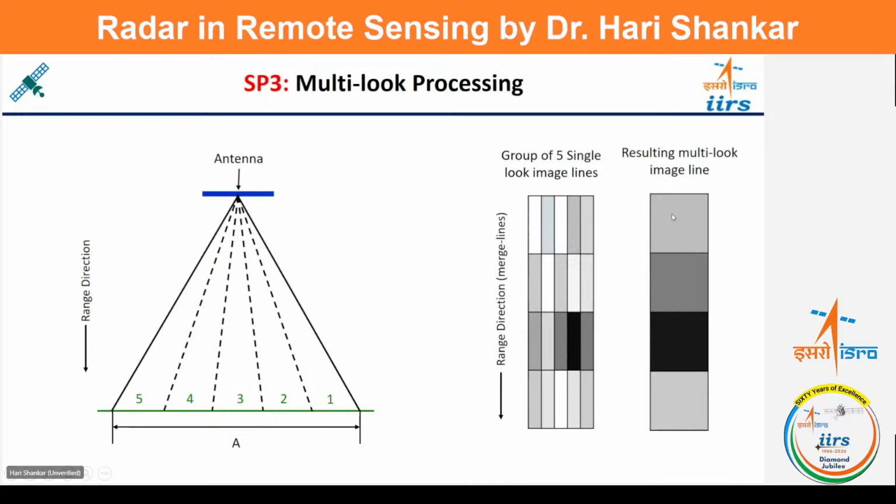Five pixels along the range and 1 pixel along the azimuth are getting merged, and a single pixel is created in place of the 5 pixels. So the effect of unnecessarily dark or white is removed, and a medium color is assigned. That way, the effect of this speckle is reduced by applying the multi-looking process.